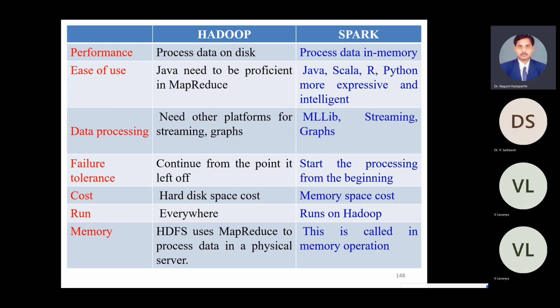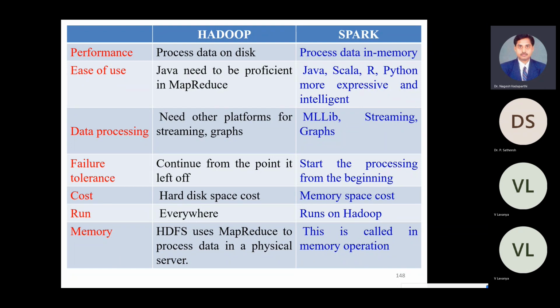The first and preferable one, where updates come first, is Scala, because Spark is written in the Scala programming language. Hadoop supports only Java and you need to be proficient in MapReduce. MapReduce is a programming model where we execute a Java program, compile it, and finally deploy the application.